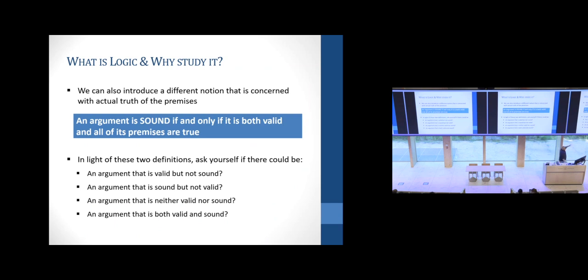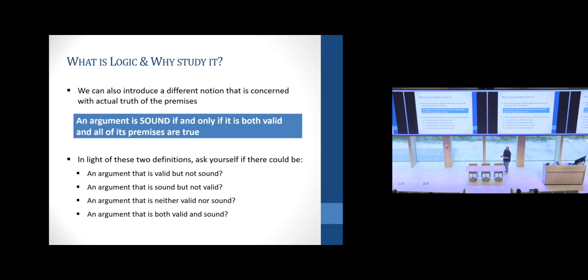So there are some interesting questions to think about regarding the conceptual relationship between these two. But one we can quickly talk about is, given the definition of soundness, what is the truth value of the conclusion of any sound argument? So take any sound argument.